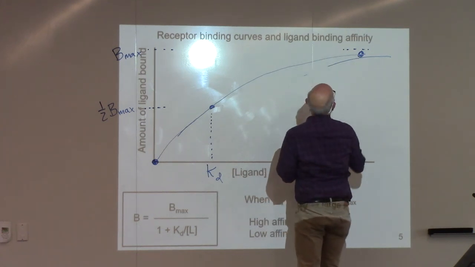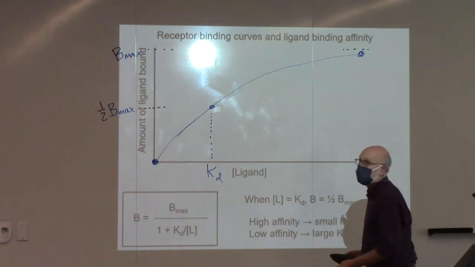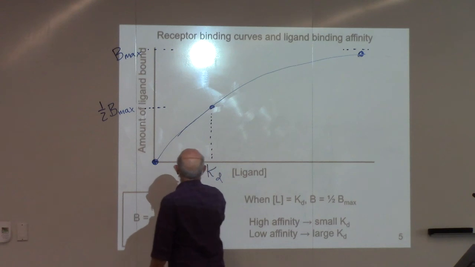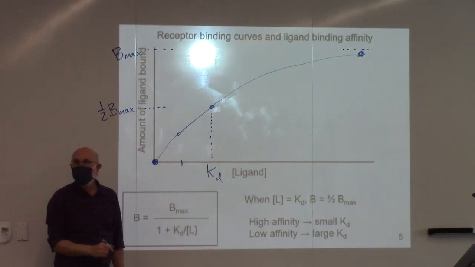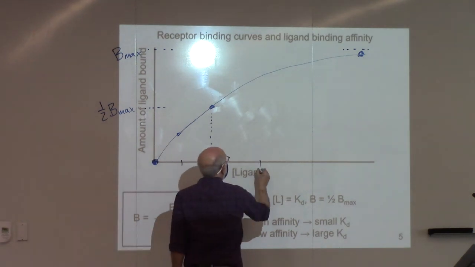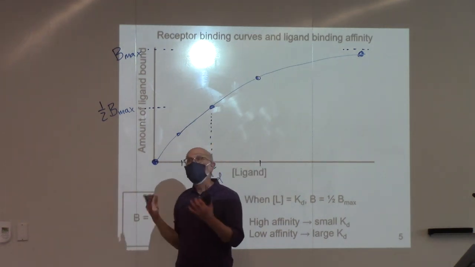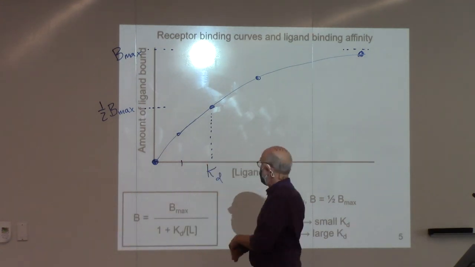There, that looks better. So there are data points. If we had this concentration of ligand, we would get this amount bound. And if we had this concentration of ligand, we would have this amount bound. This is a graphic representation of this equation.